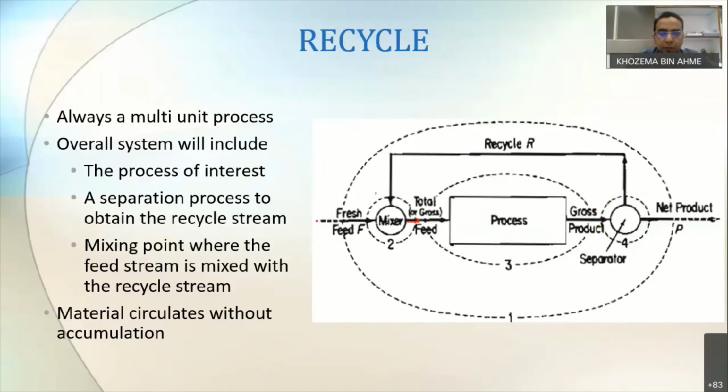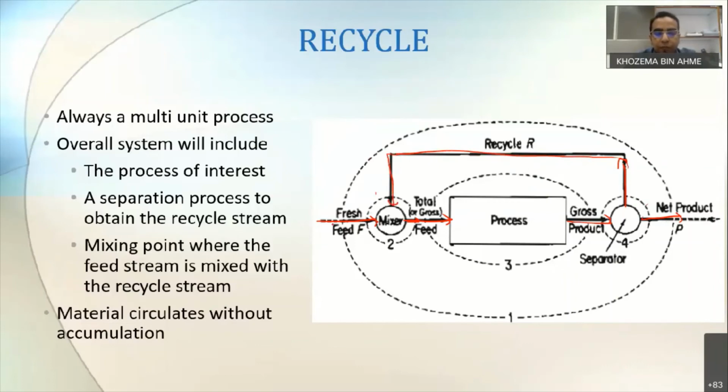So there will be a fresh feed going into the mixer, but there is nothing to mix, so it will just go through your process. And then after the process is done, you will have a gross product, where you will need to separate some into recycle and some into your net product. So this is the first time recycle will happen. Some of the separated product will go into the mixer.